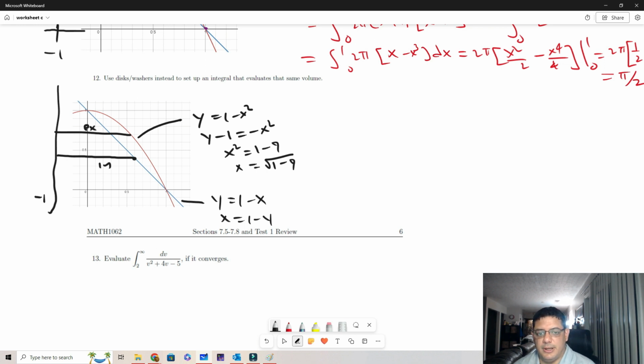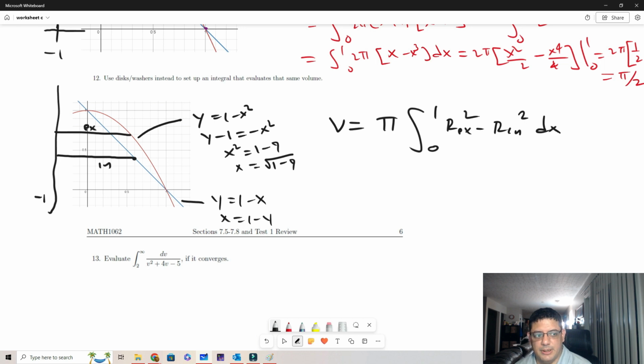And now the volume is going to be pi, and then again the limits are going to be from 0 to 1 in terms of y as well. It's 0 to 1 in x, 0 to 1 in y, and this is pi times the difference of the external radius squared minus the internal radius squared, and this is in terms of y.